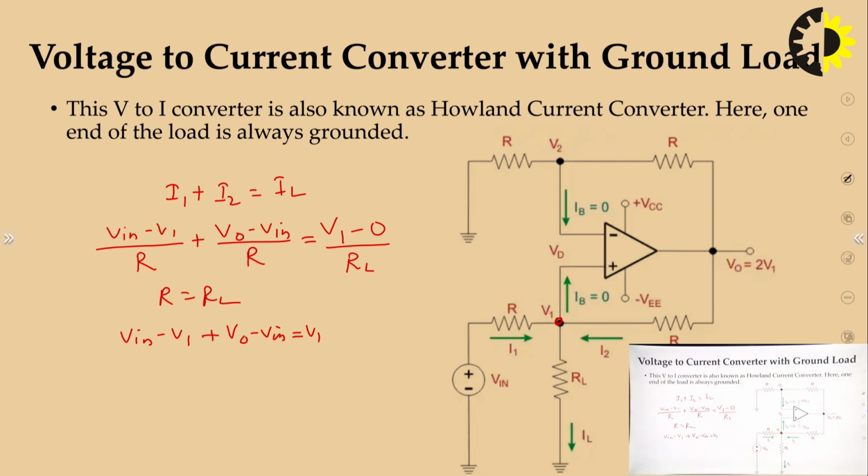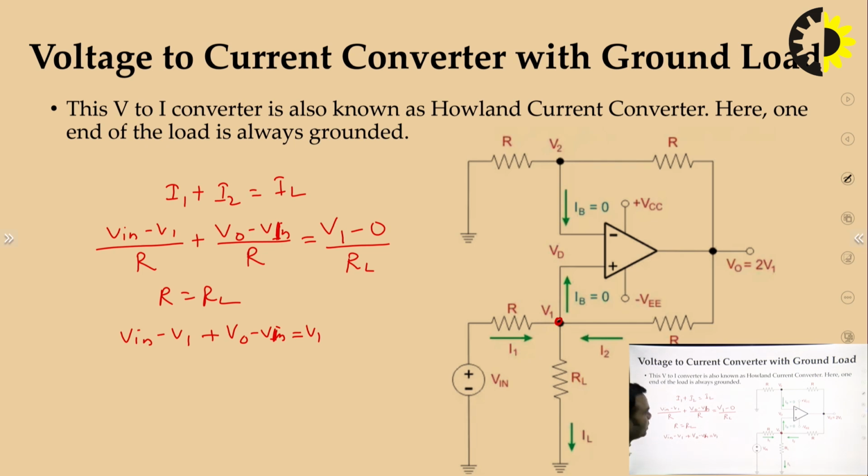So, you can simply solve this and you will get I1 is V in minus V1, I2 is V naught minus V1, actually, sorry, it is V1. So, it will also be V1. So, in this way you can solve this circuit.